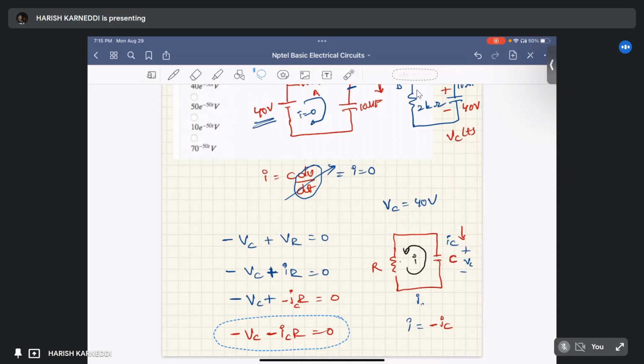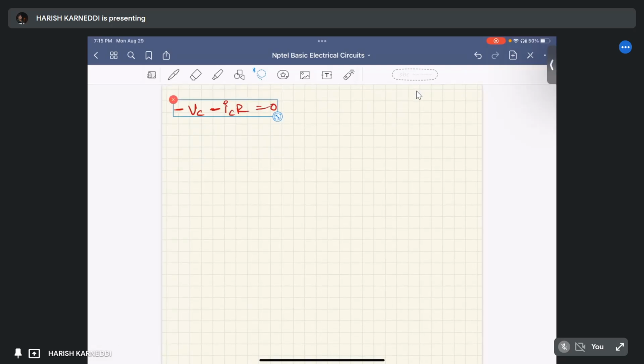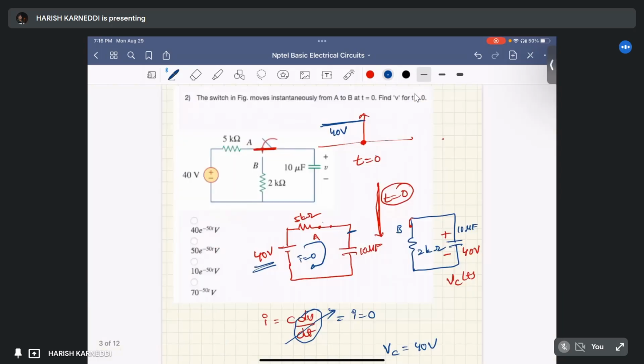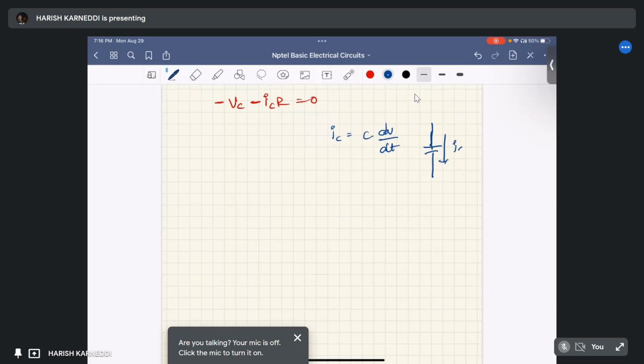I'm continuing this equation in the next case. What is the IC? IC equal to C dV by dt. I know the capacitor current IC, so I can calculate this VC.